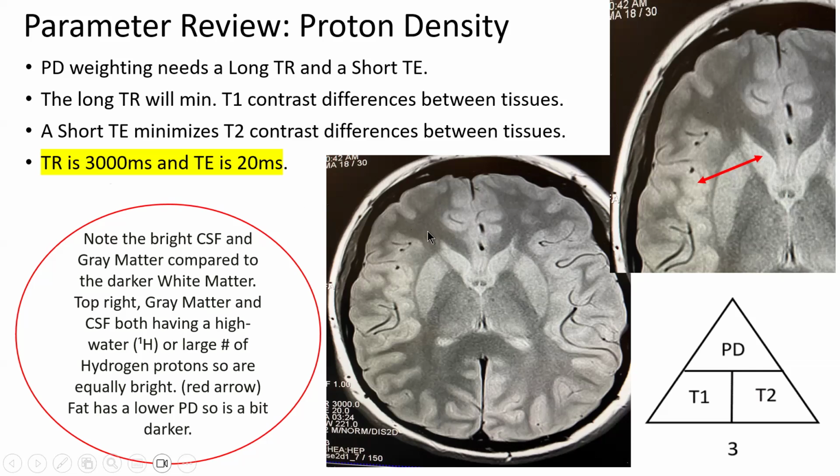White matter is dark. White matter has not relaxed hardly at all. This is an indication of who has a lot of protons in them, the CSF, and who doesn't have a lot of protons in them compared to the other, the white matter. So that's a beautiful proton density weighted image in the brain.